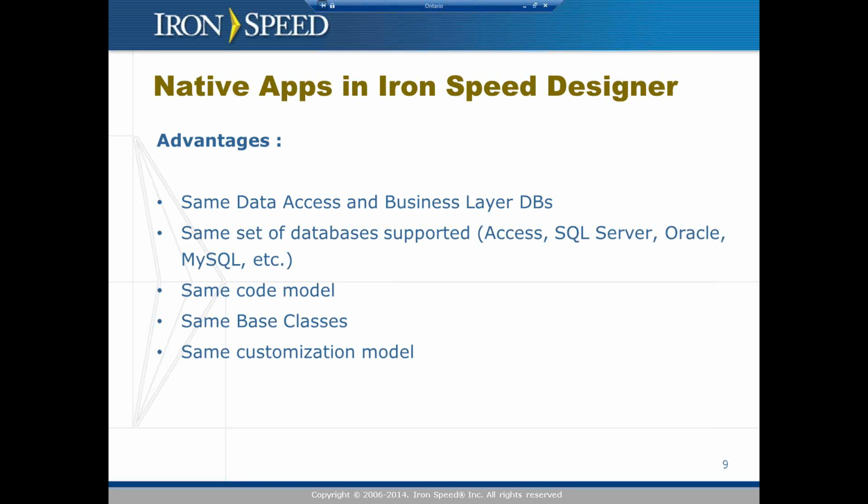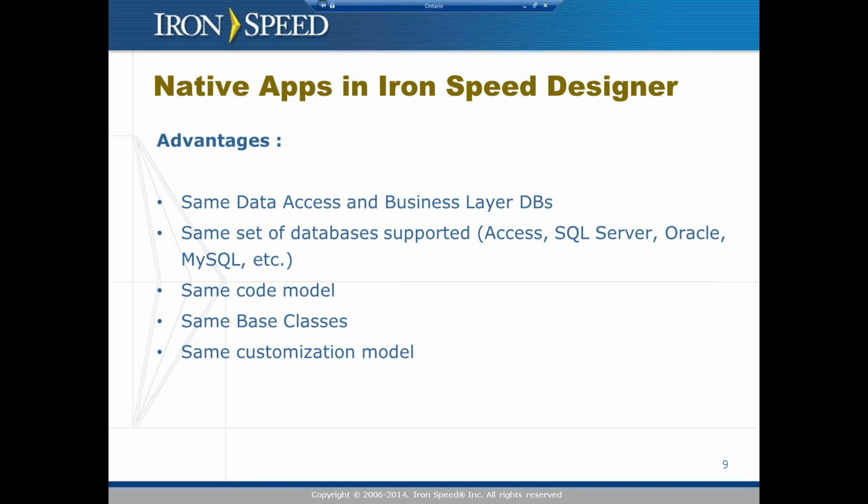So the code model generated for the mobile application is just the same as the regular web application. Then there are the same base classes that are being used. What I mean by the base class is, for those who are not aware of the IronSpeed Designer generated web application, whenever you generate an application, there is a DLL for the base classes that is being used by each and every generated application, which contains the additional classes or the functionalities that you can use in your application if you want to customize your application.